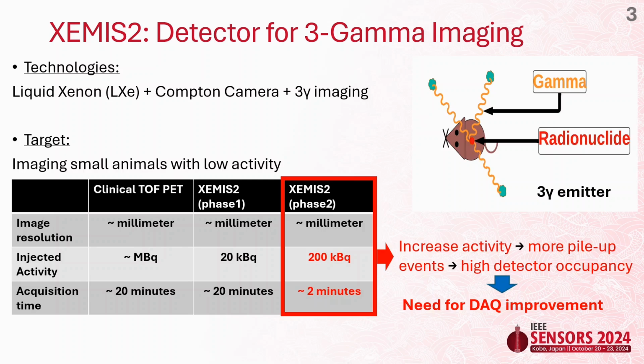This phenomenon is known as a pile-up event, and it can reduce the accuracy of the measurement. So, to address this, we need to improve the data acquisition system to handle higher event rate and minimize the effect of pile-up.